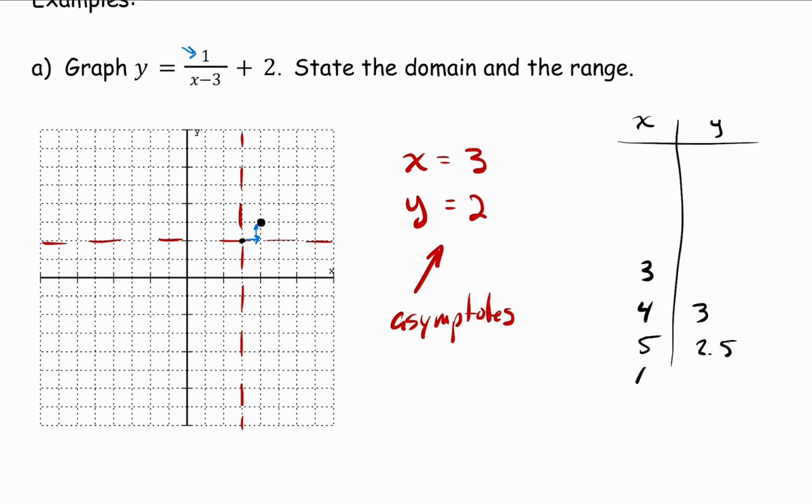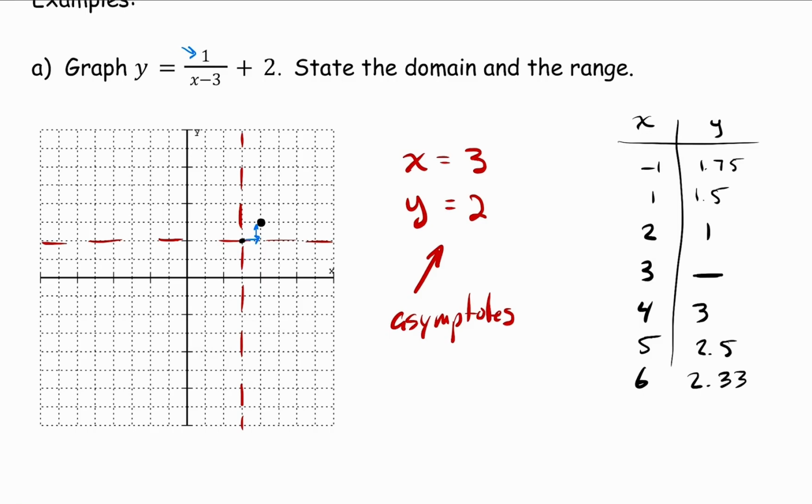If we plug in a 6, we're going to get 2.33. We could go back the other way, and if we plug in a 2, we would get a 1. If we plug in a 1, we're going to get 1.5. And if we plug in a -1, we would get 1.75. Okay, and we're not going to have anything that shows up at 3 because that's our asymptote.